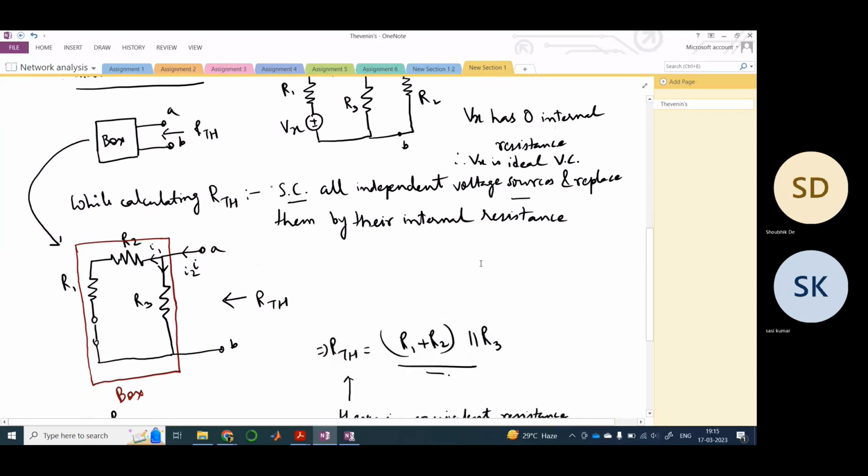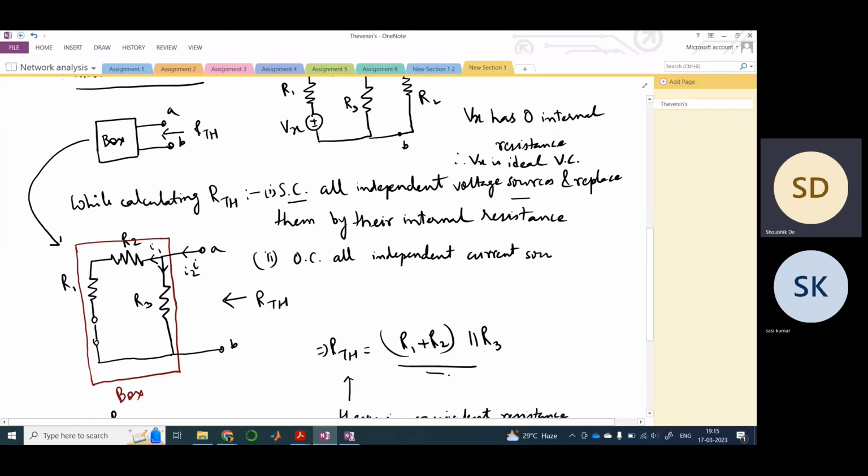Rule number two is that if you are given current sources, you need to open circuit all independent current sources and replace them with their internal resistance, so that it comes in parallel with the path. These are the two rules which you need to follow while calculating RTH.